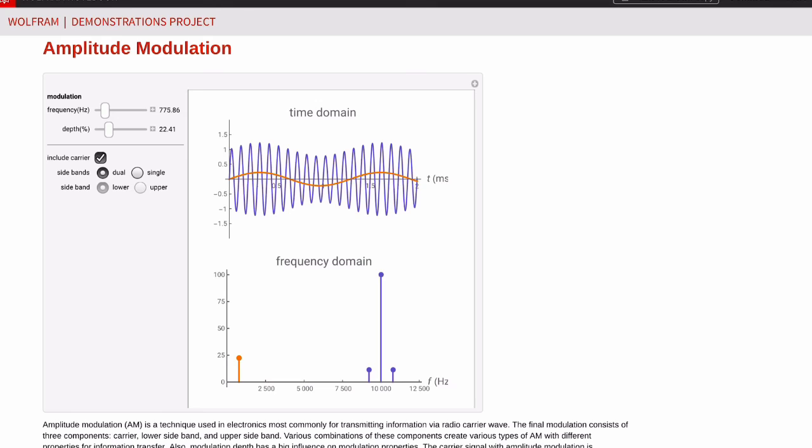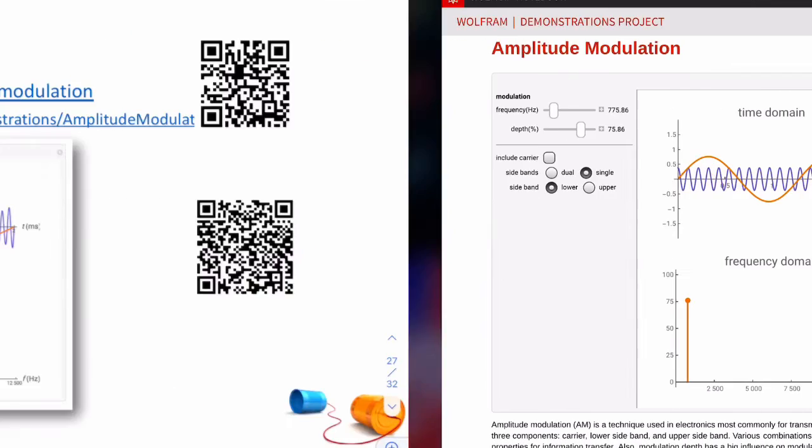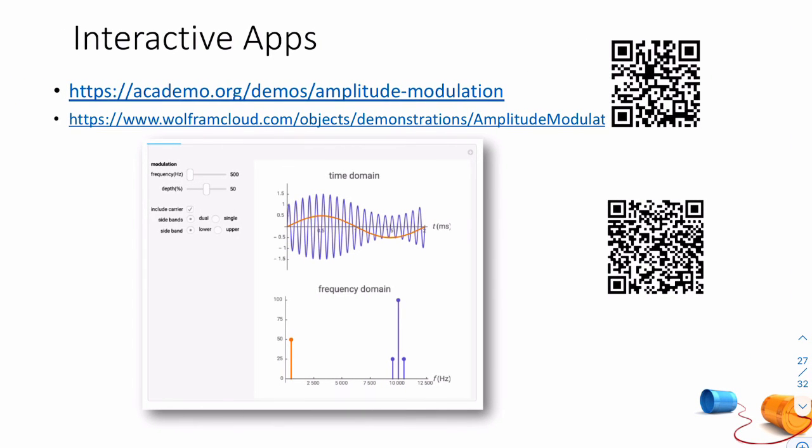And you can see from the time domain plot that the depth of modulation is much less. So you can have a little play with that on your own. And also you can experiment with turning the carrier off and looking at single sideband, which is something that we'll be looking at in future lectures too. So that's a little demonstration for you to have a little play with.